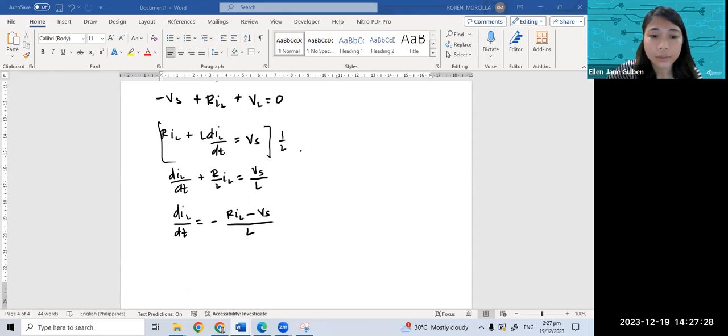So we need to remove R here. How do we remove R? By dividing it.